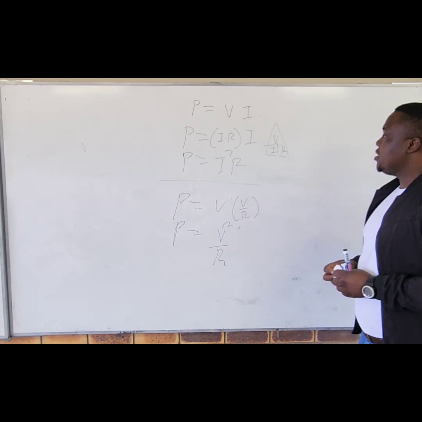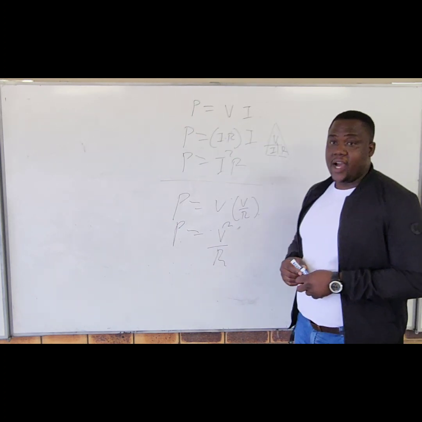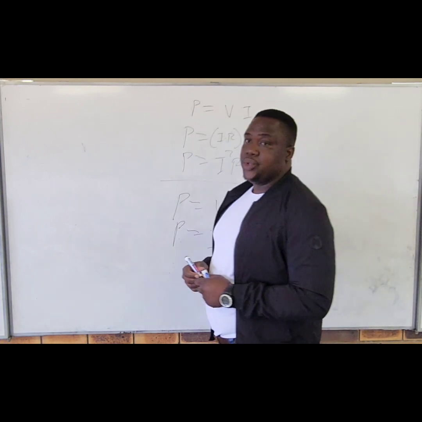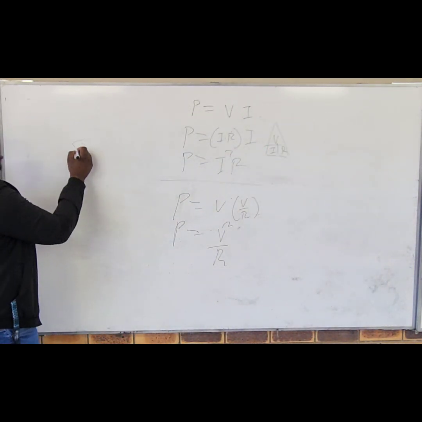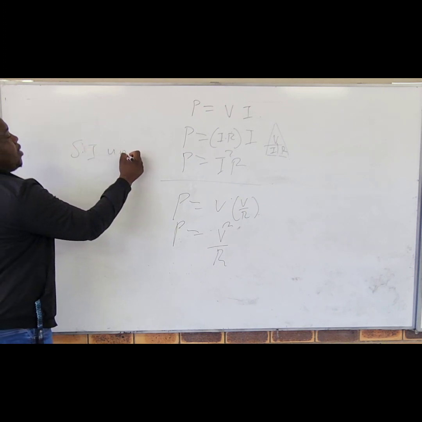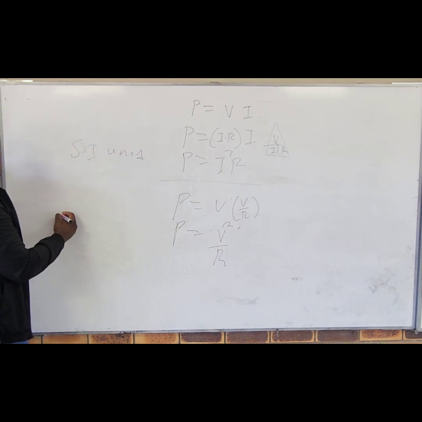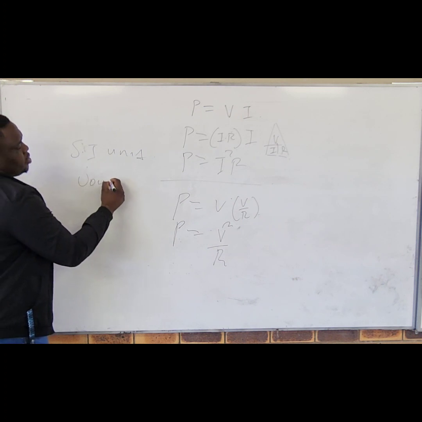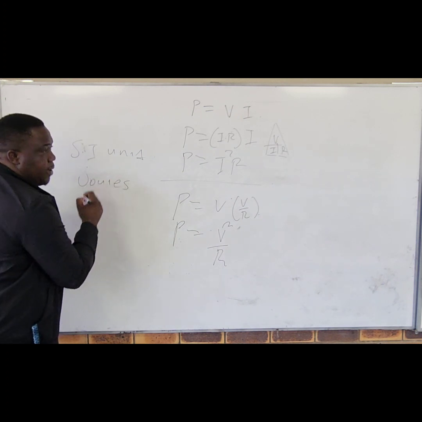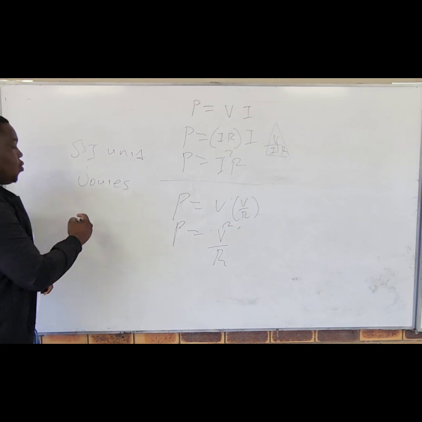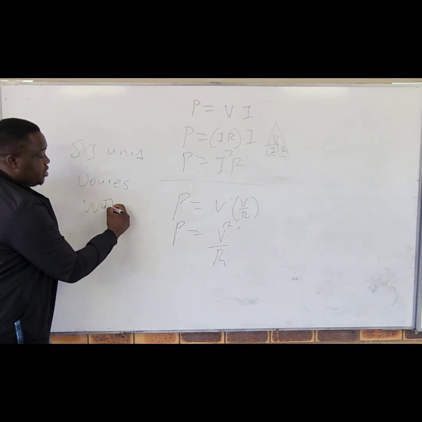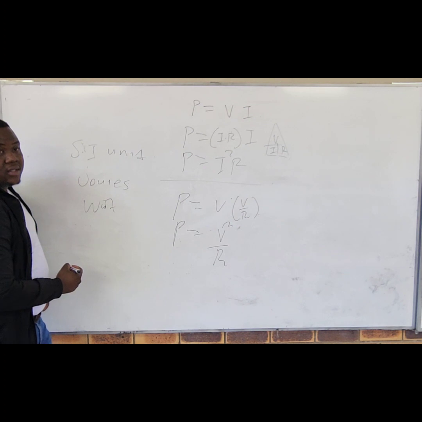But one thing that I want us to touch on is the issue of the SI unit for power. The SI unit for power is what? It's joules, right? But usually in electricity, we use watts.